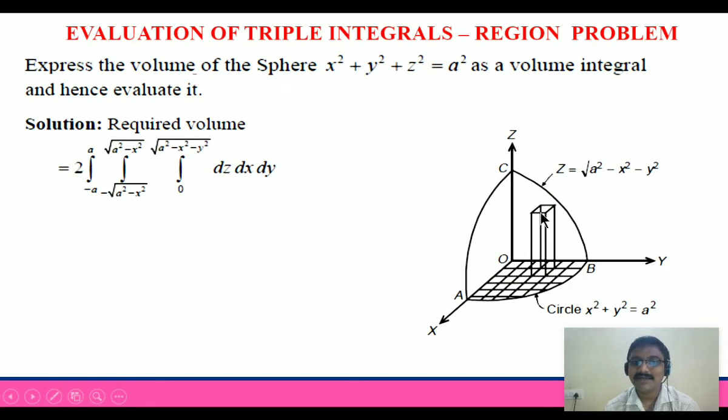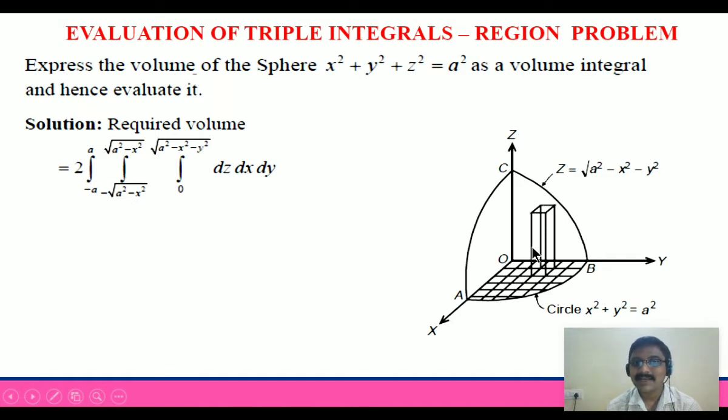The sphere equation is x square plus y square plus z square is a square, which implies that z square is a square minus x square minus y square. Hence z is plus or minus root of a square minus x square minus y square. But here we are taking the positive square root because in the first octant all x, y, z are positive.